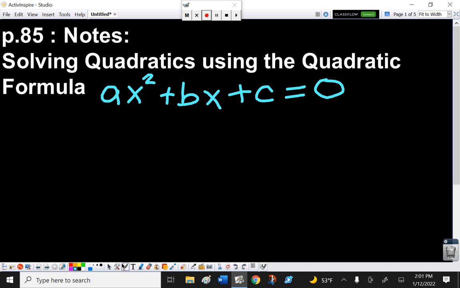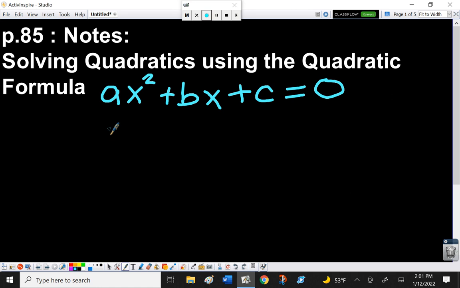If the quadratic has ax squared plus bx plus c equals 0, then the a, the b, and the c can be used to find the solutions to a quadratic equation. And I'm going to show you that formula right now, and we're going to write it right here.